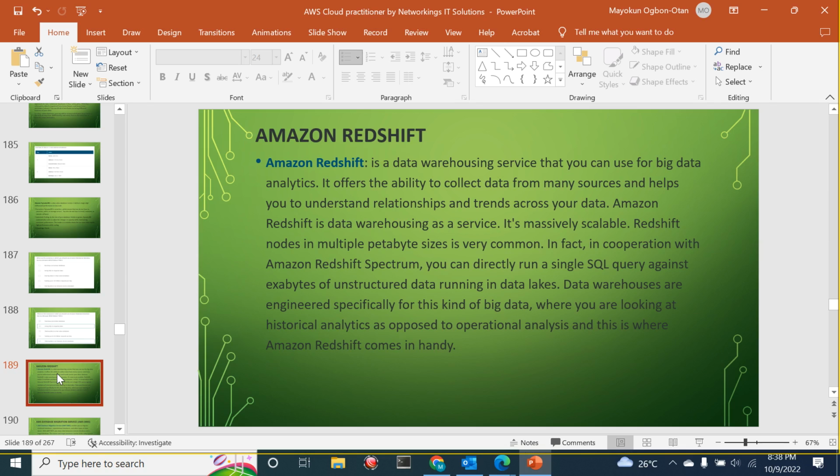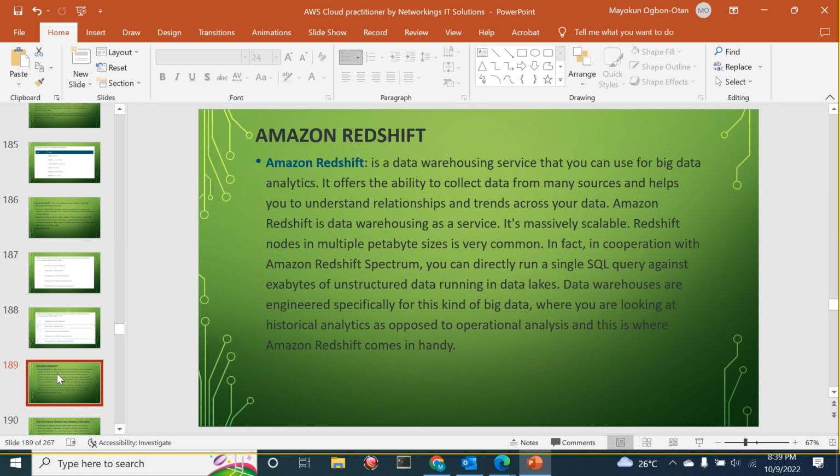Thank you. What is the takeaway here? Number one, Amazon Redshift is a data warehousing service, or data warehousing as a service. When you are trying to run historical analytics, like something that has happened in the past, that's where Amazon Redshift comes into play, compared to an operational analysis of your database.